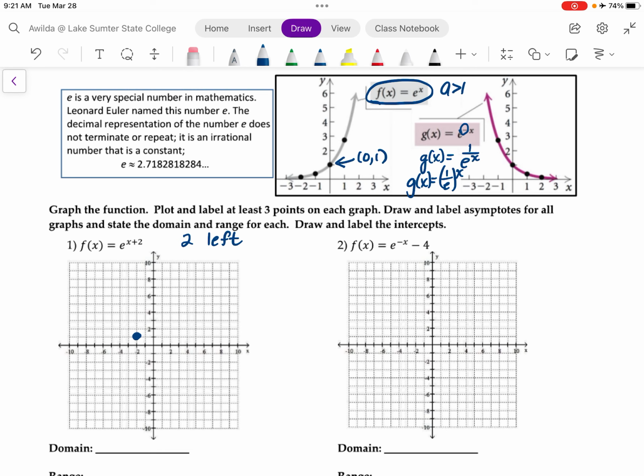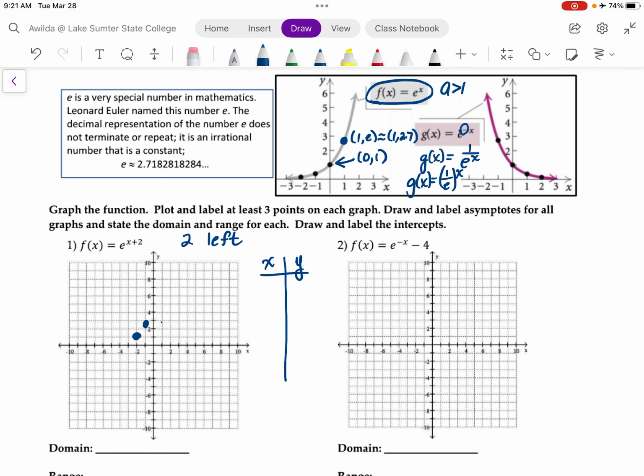Next, we had the point 1, e, which is approximately 1, 2.7. You see that point right there in the original graph? So 1, 2.7-ish is going to move 2 units to the left, so it's going to be right around here. Now, if we want a more precise graph, we can choose some additional points.